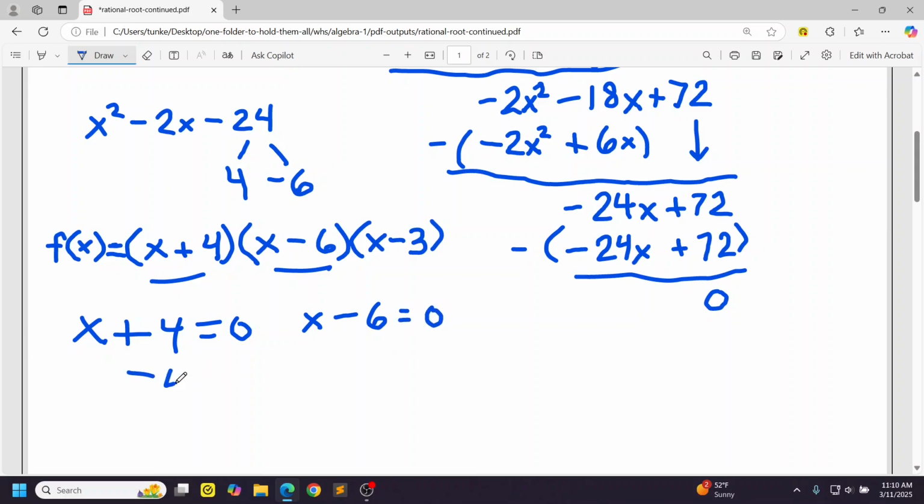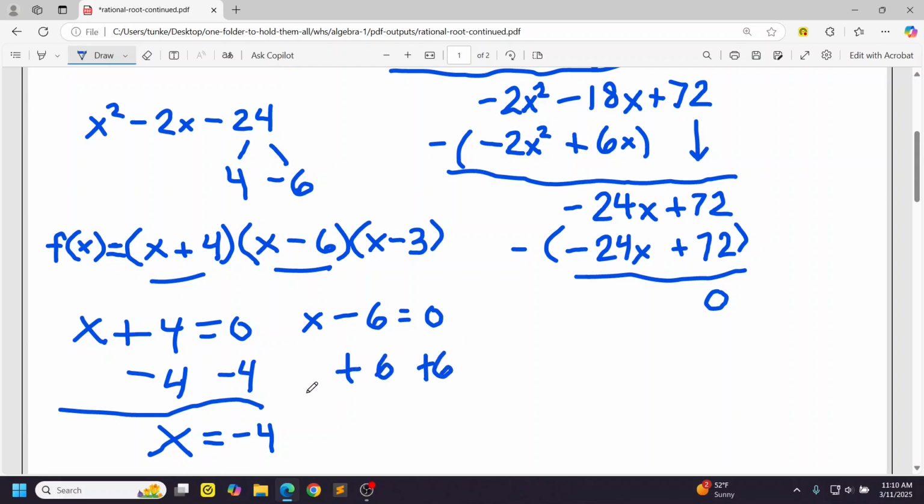Here I'm going to subtract 4 from both sides, and I'd get x equals negative 4 as another 0. Here I would add 6 to both sides, and I would get x equals 6 as my other 0.